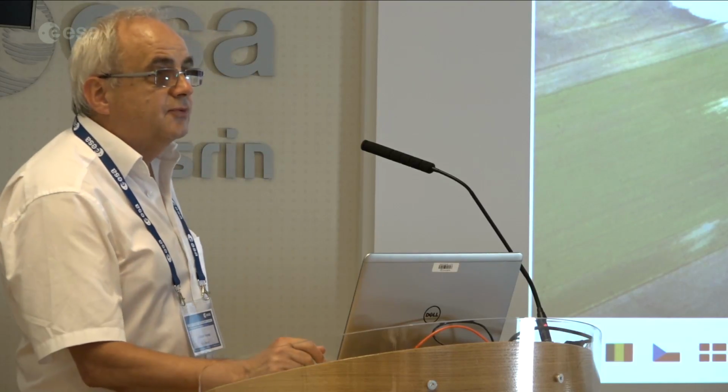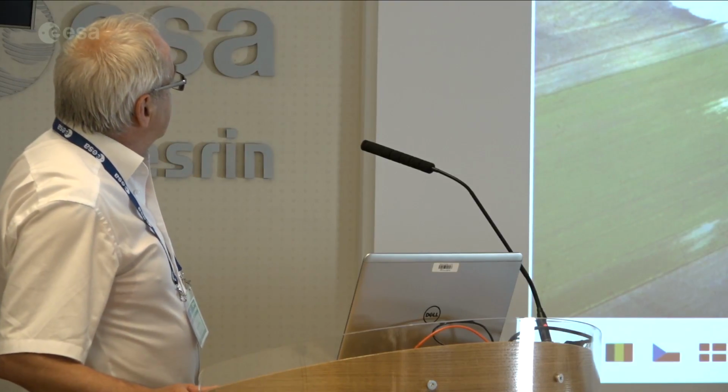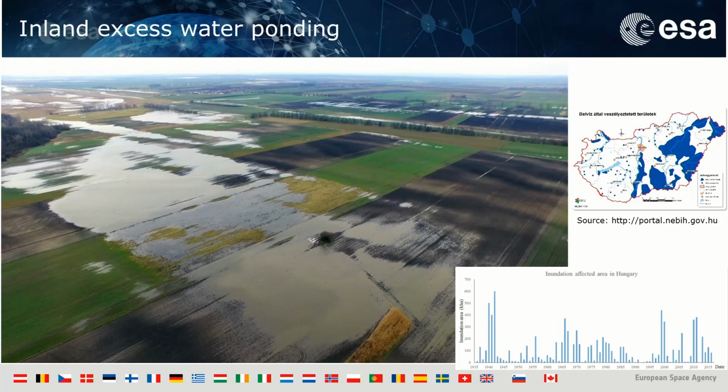In flatland areas where you have relatively heavy soils and relatively low infiltration capacity, but there is much incoming water, for example from snowmelt or rainfall, you will get this kind of inundation, which are temporary inundations, excess water ponding on agriculture areas.